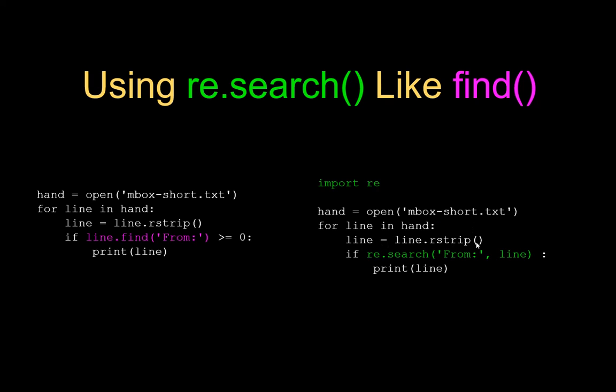We remove the carriage return at the right of the line, and if we find the phrase From with a capital F and a colon in that line, we print it. That's using the regular expression function re.search, which does a similar job to the find function we had here. The result is identical in this case.